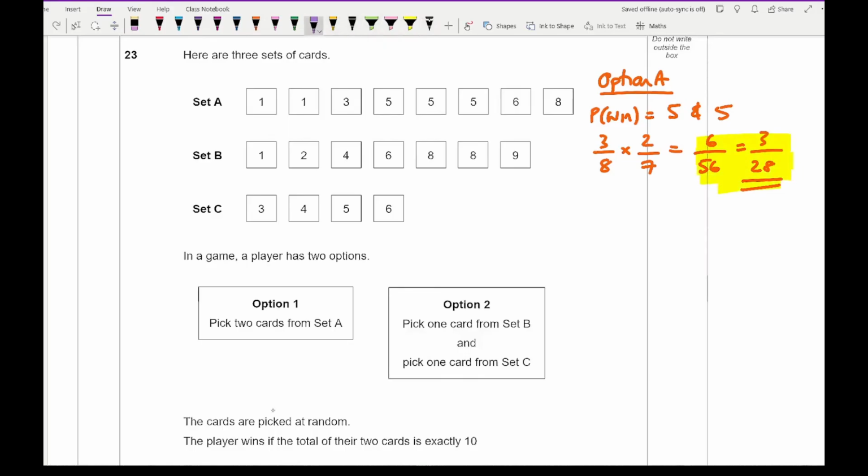So then I move on to working out option B. Now with option B, I'm picking one card from B and one card from C. So I'm looking for a combination where it adds up to 10.